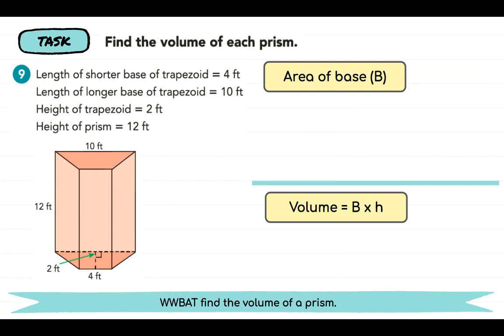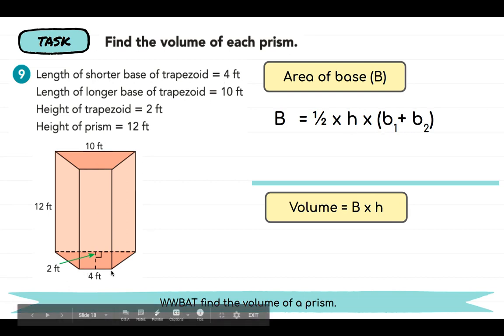For the last practice question, the bases of this prism are trapezoids. So in order to find the area of this base, you have to use the formula 1/2 times the height, and the height refers to the height of the trapezoid, not the height of the prism. The height of the trapezoid is 2 feet times the sum of the bases, and the shorter base is 4 feet, the longer base is 10 feet.